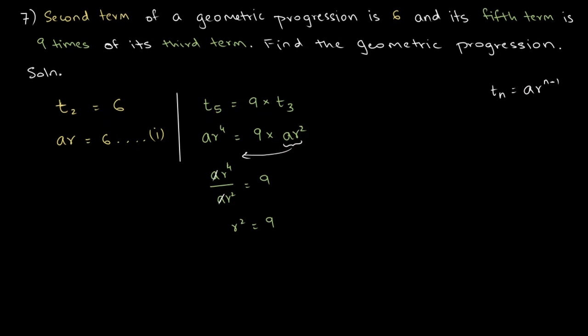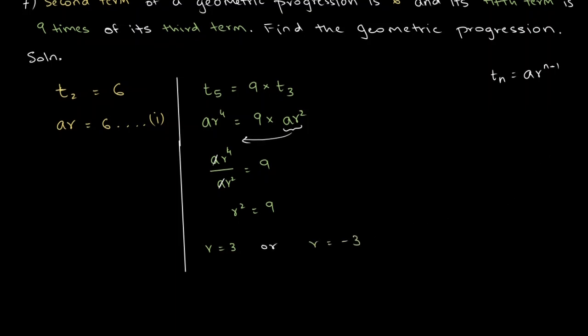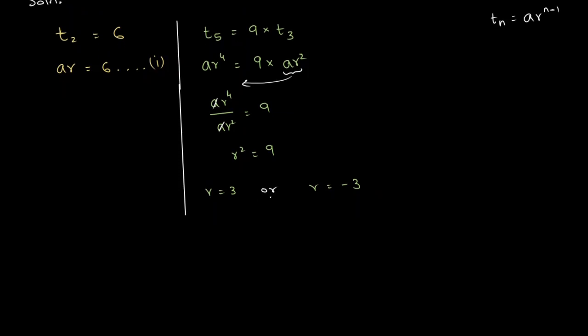So r would be equal to the square root of 9, which means r is equal to 3 or r is equal to negative 3. Both values for r are possible.